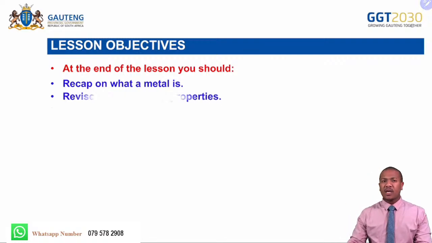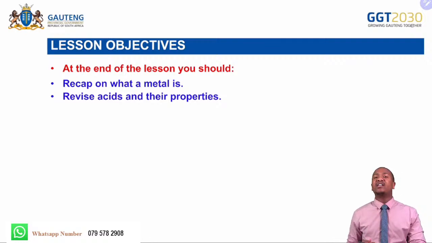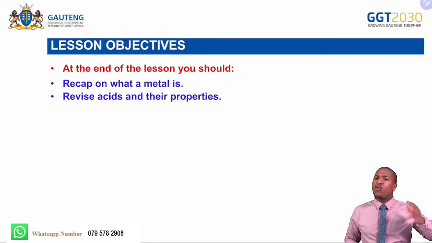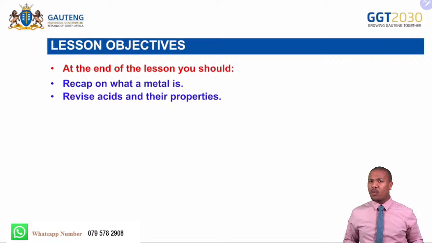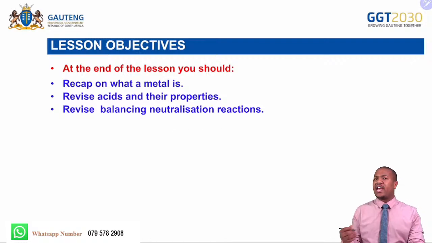Also, in this lesson, you should revise acids and their properties. So we're going to revisit acids and their properties as well, so that we come along with this lesson very well, right? Also, you should be able to revise balancing neutralization reactions, right?